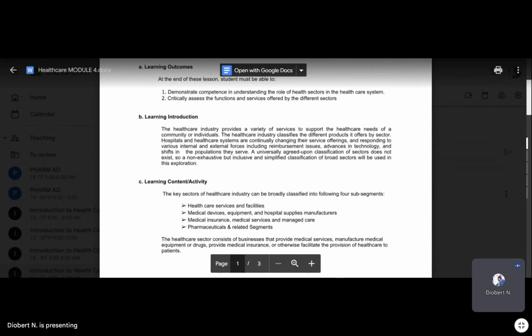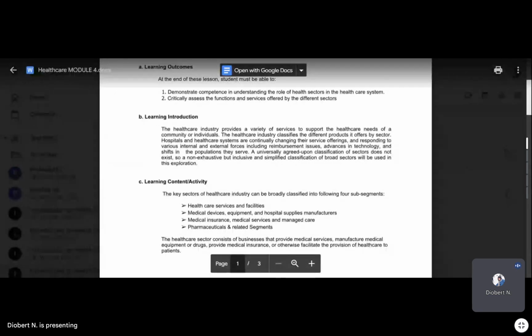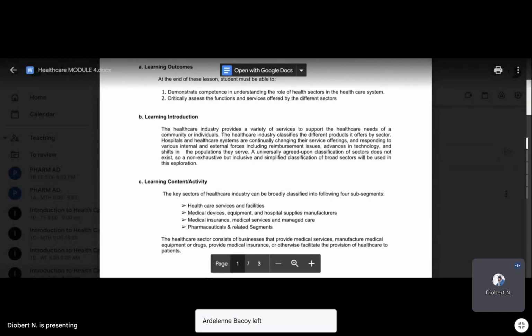Hospitals and healthcare systems are continually changing their service offerings and responding to various internal and external forces, including reimbursement issues, advances in technology, and shifts in the population they serve. A universally agreed upon classification of sectors does not exist, so a non-exhaustive but inclusive and simplified classification of broad sectors will be used in this exploration.